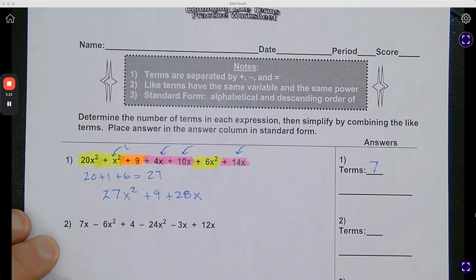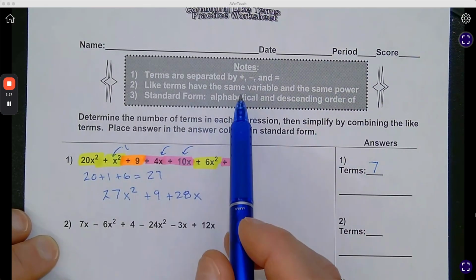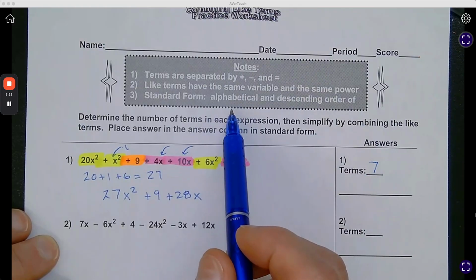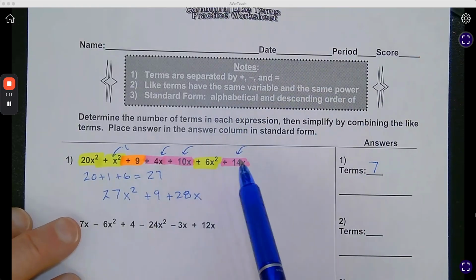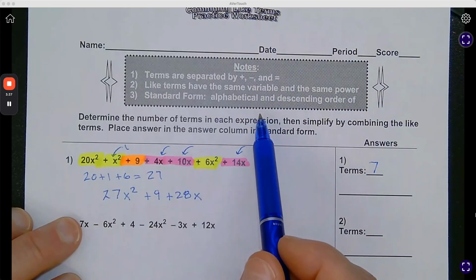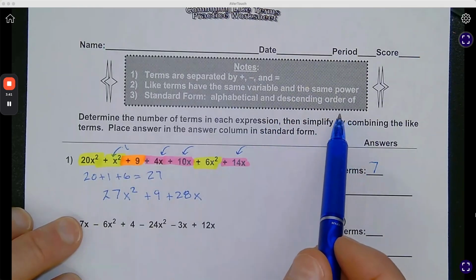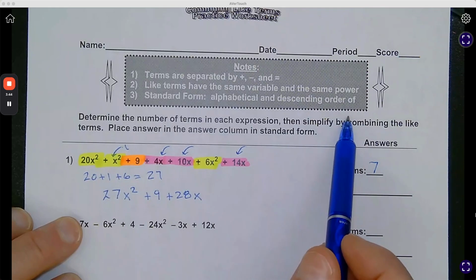Now in your final answer, order matters. We want everything in what we call standard form. Alphabetical takes precedence. So when you're talking about variables, it's alphabetical. And if you have terms that have the same letter or variable, then you want to put the exponents in descending order. That means from greatest to smallest.